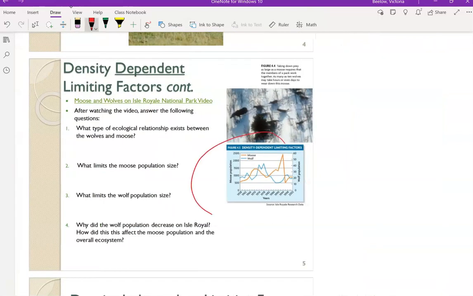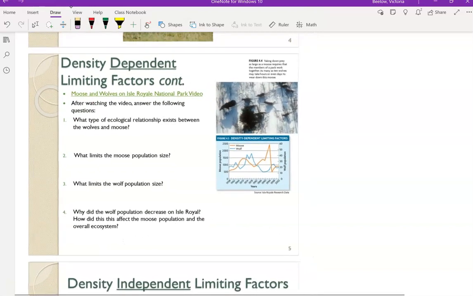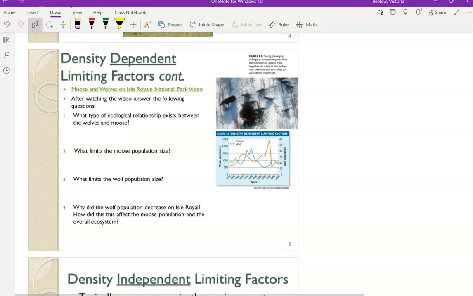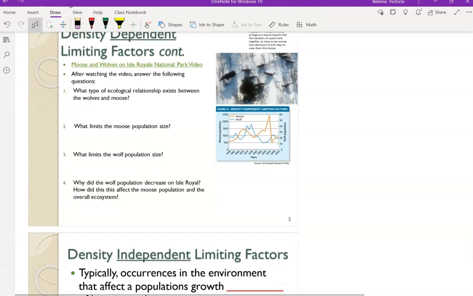Here's that graph, and this is real data of that study. It talks about the normal predator-prey relationship, how that was happening, and then some stuff that actually started to go wrong, and they'll explain that in the video. So watch that video and do your best to answer these questions, and we'll go over this when I get back. This would be a predation example, and that would be density dependent.